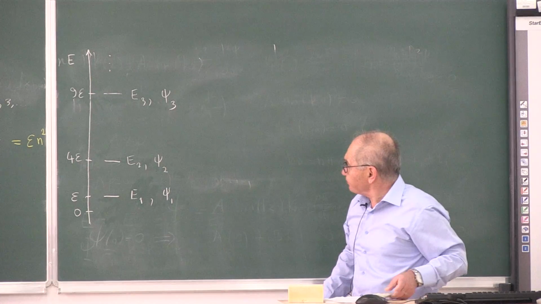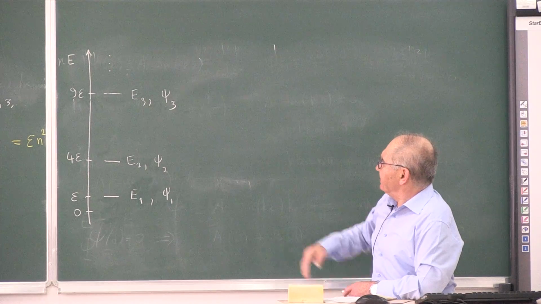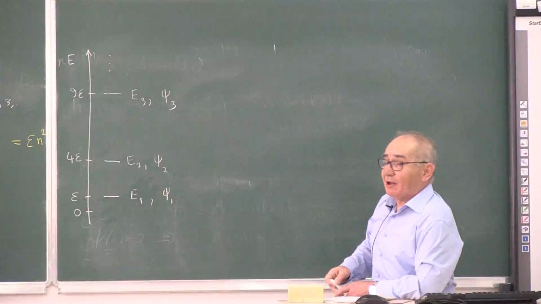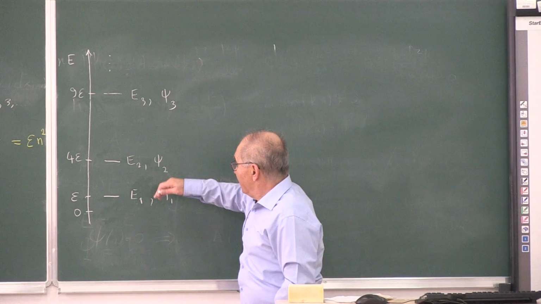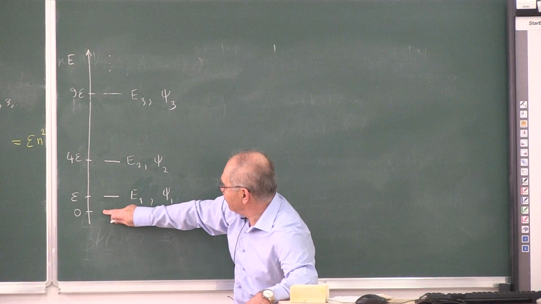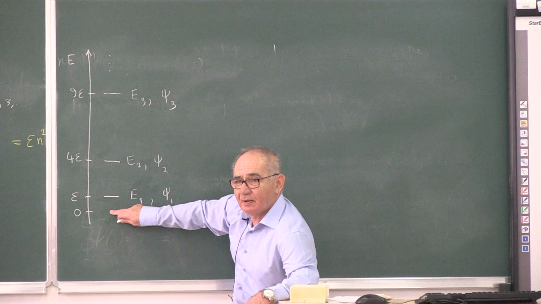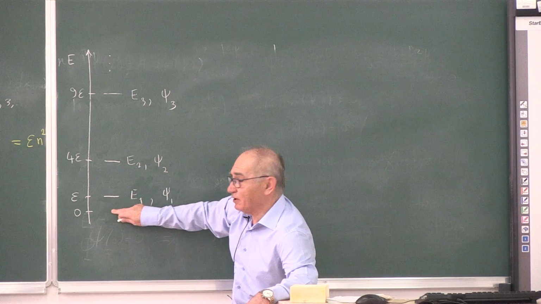All right. Now let us examine the allowed energy. These are the allowed energies. First of all, do we have an allowed energy at 0? Is there an energy level here?